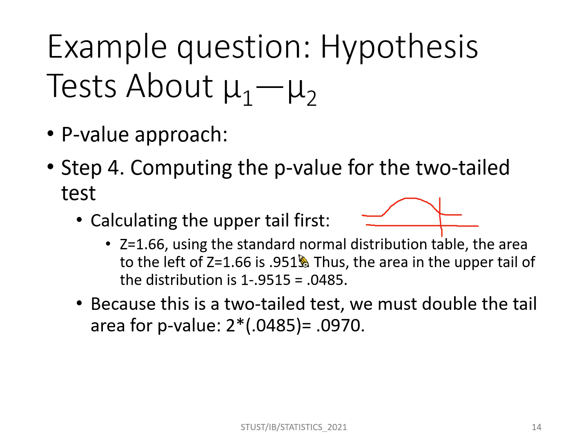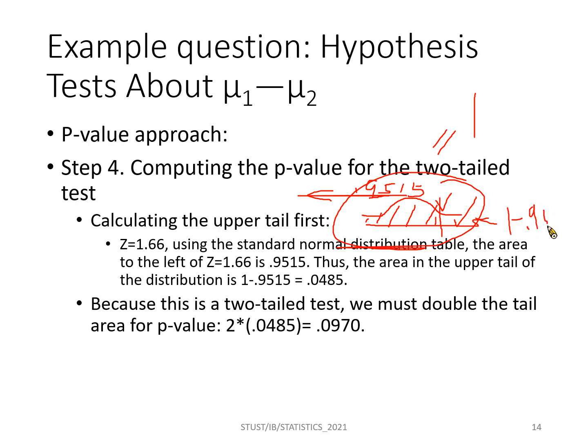Because the z-value table is cumulative, up to here all the probability is 0.9550, and you know the total probability is 1. So in this part, you have to use 1 minus 0.9550 to get the upper tail.